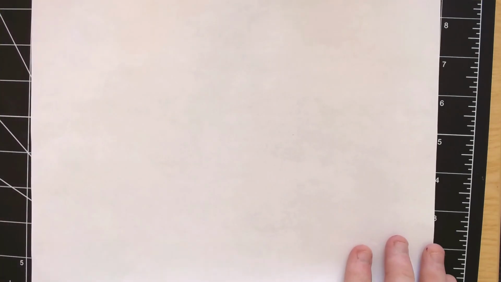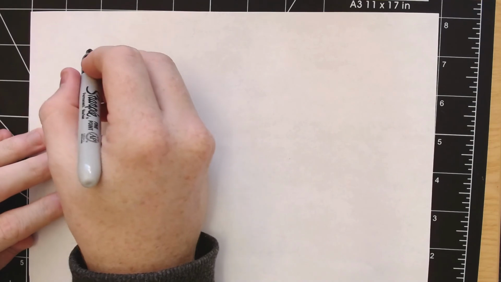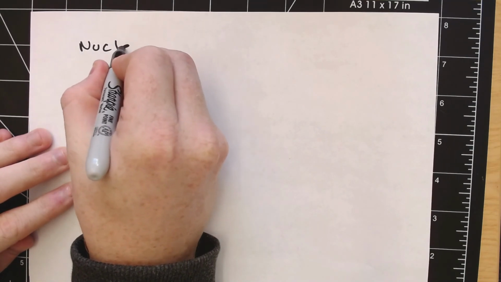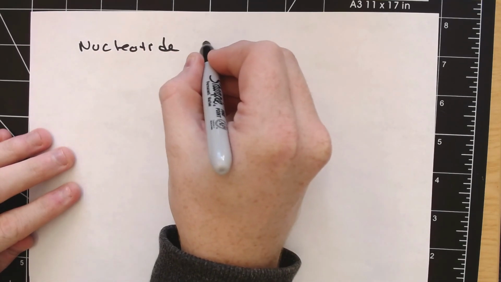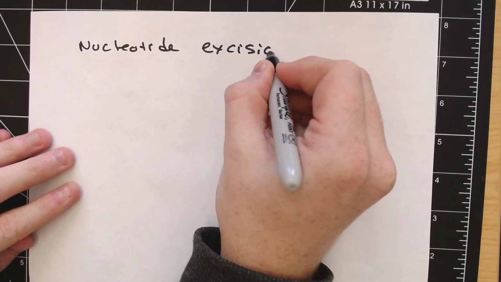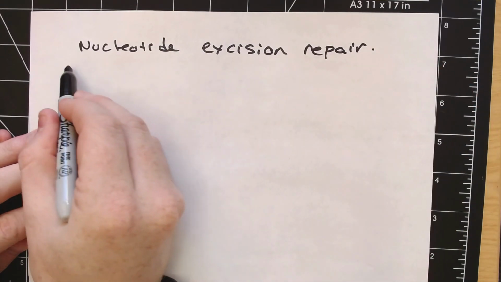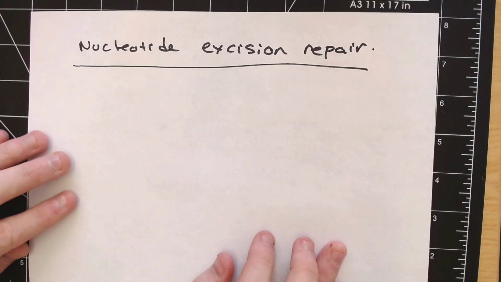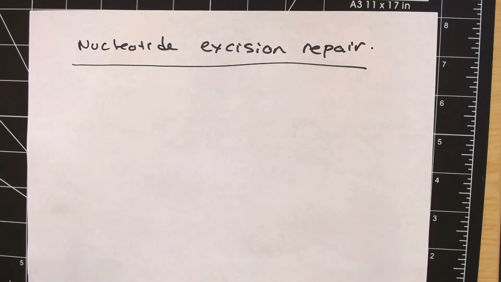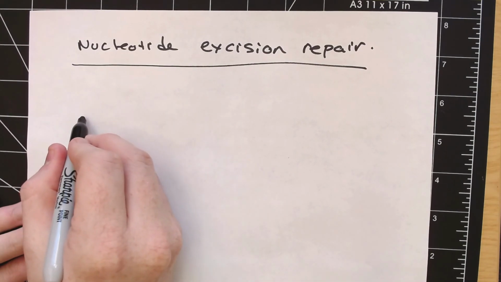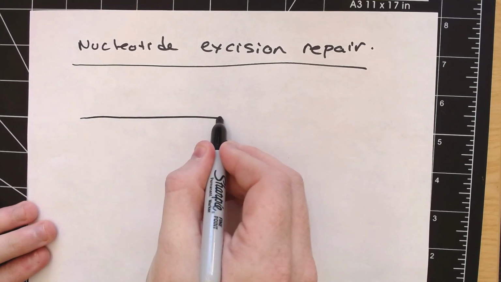Okay, so one last scenario to consider, and that is nucleotide excision repair. Okay, and so remember, this is the pathway that repairs things like pyrimidine dimers or larger damaged stretches like that.